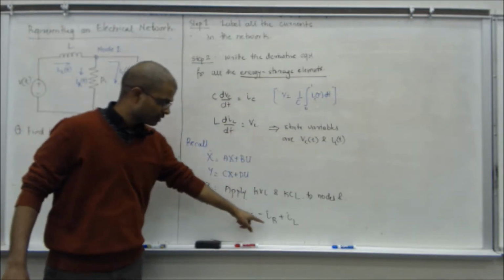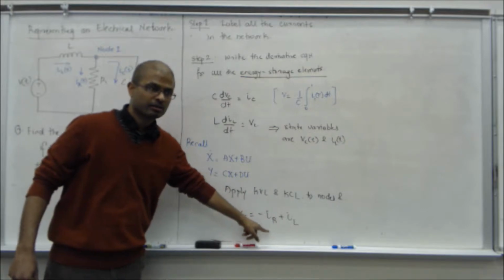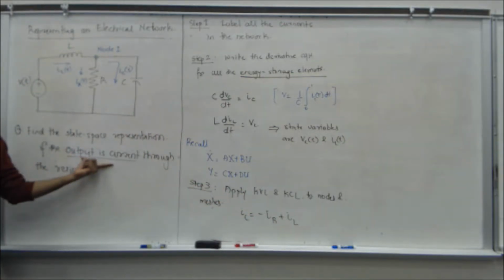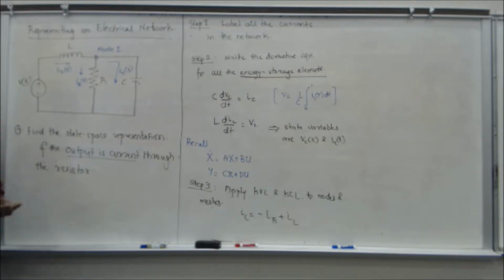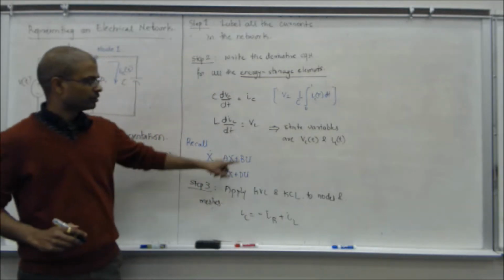So what we have done here is, we have an IL and IR, and IR is your output. This is identified as one of the outputs. So you can express it in either state variables or output, IC. So what else do we need to eliminate?